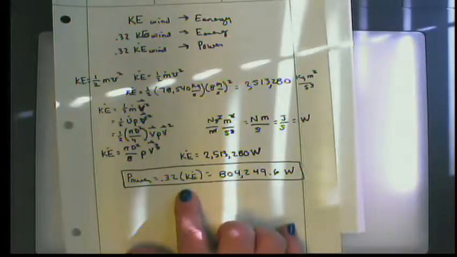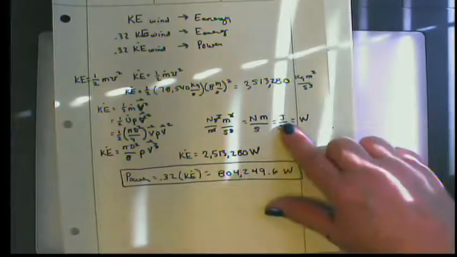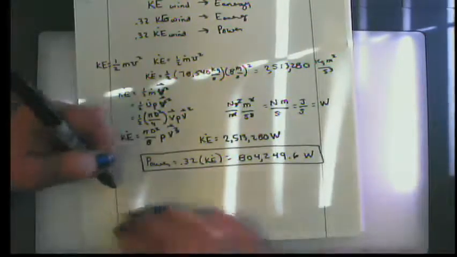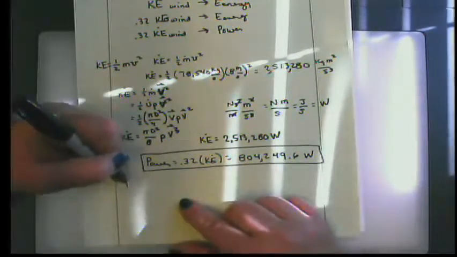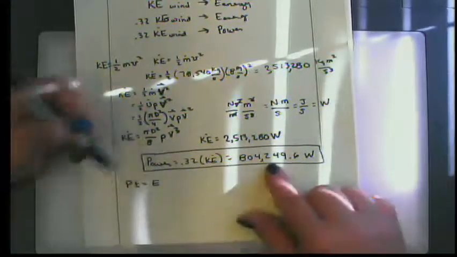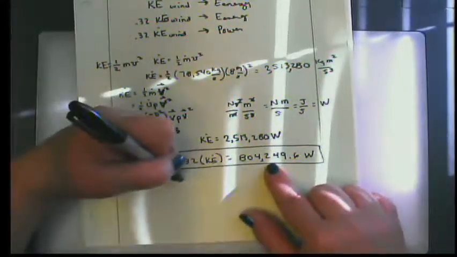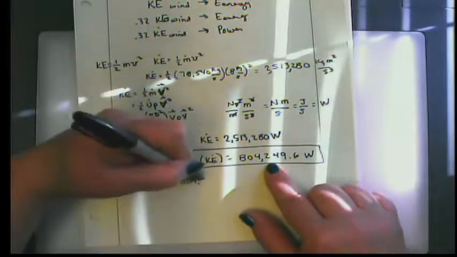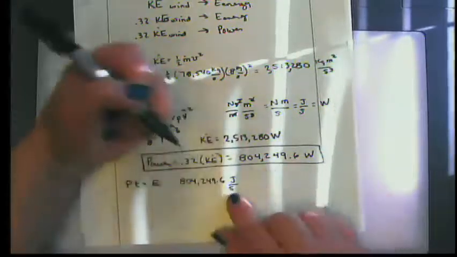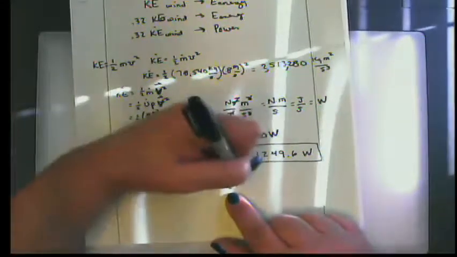Now it says if this steady wind of 8 meters per second blows for 24 hours, how much electrical energy? Energy is measured in joules, and we know from the first part of this work that power times time is equal to energy. So I need to take my power, 804,249.6 watts, or joules per second, and I want this to occur over the course of one day.